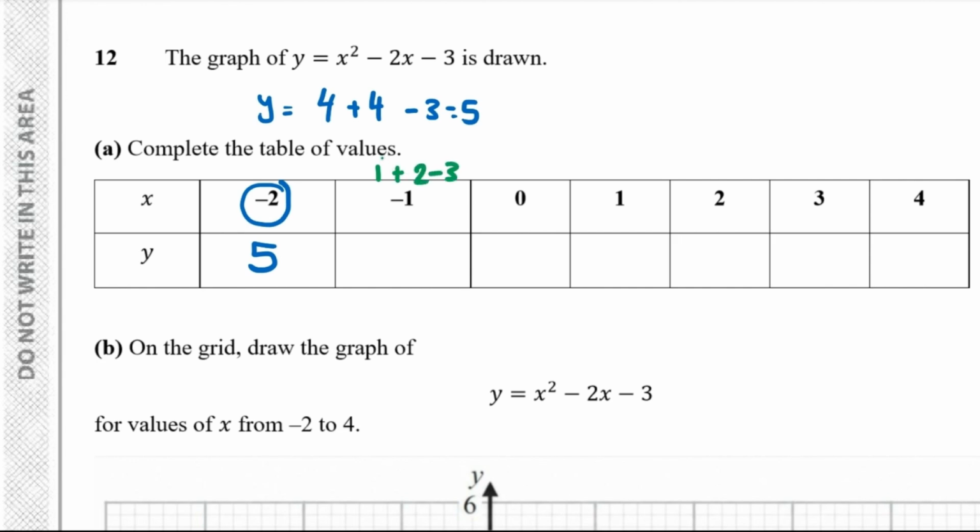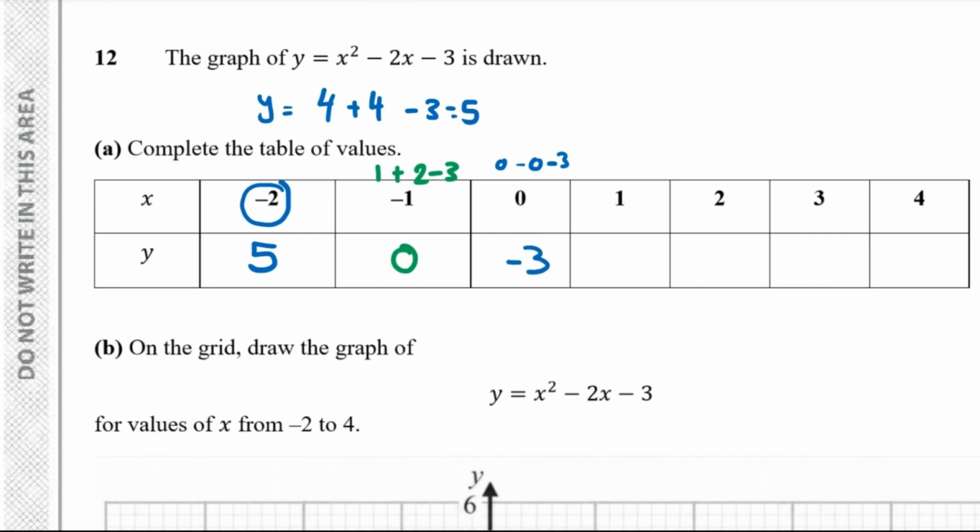So 3 take away 3 is 0, and then go to the next one, 0 squared is 0, 2 times 0 is 0, minus 3, so it would be minus 3.